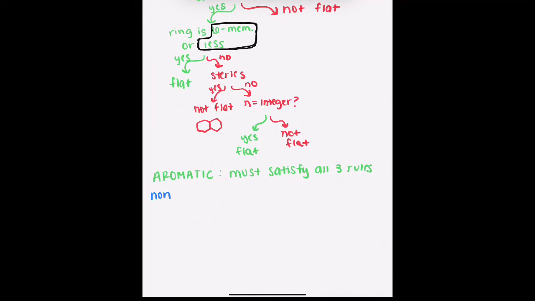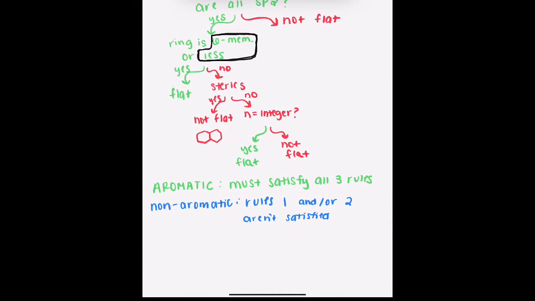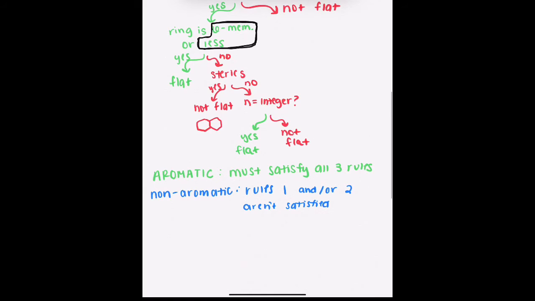If it is non-aromatic, that means rules 1 and/or 2 aren't satisfied. So if the ring is not sp2 hybridized, or if n is not an integer, then it is non-aromatic.